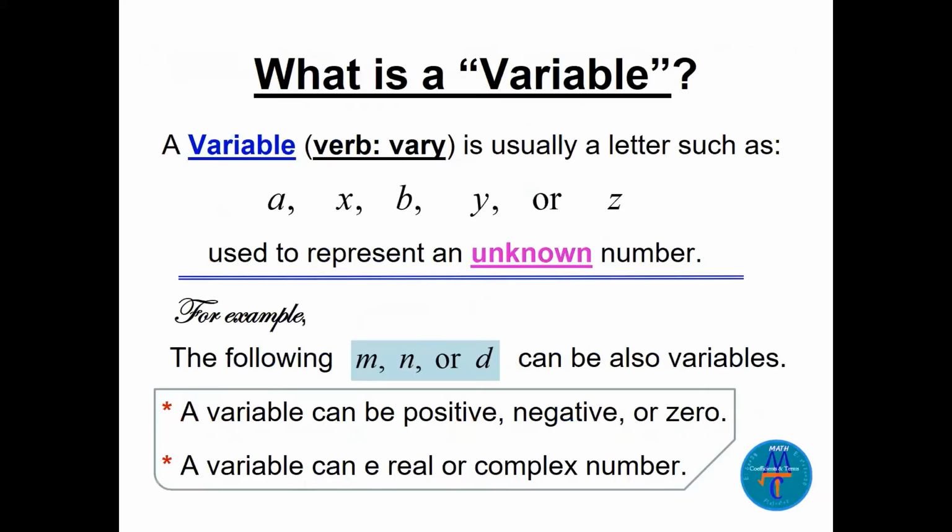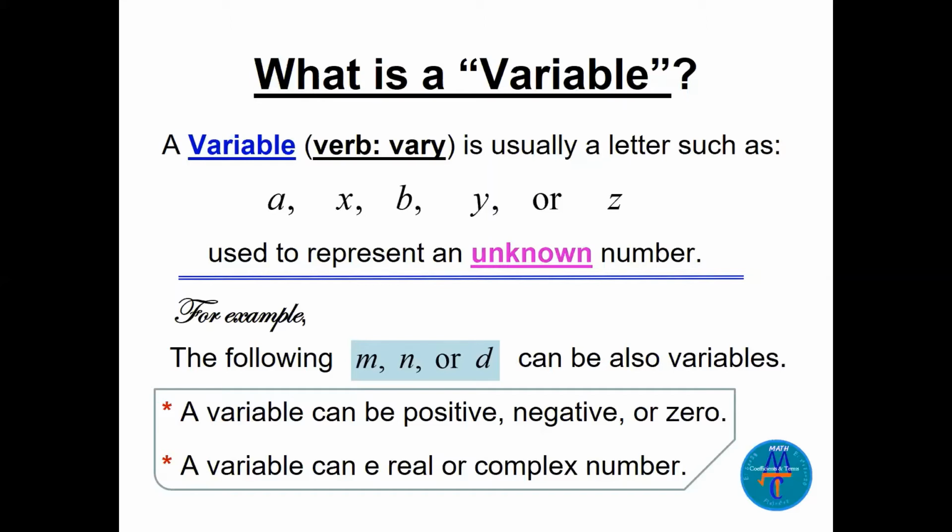Now let's start. What is a variable? Variable simply comes from vary, the verb is vary, something is changing. So this is usually a letter, like A, like X, like B, like Y, like T, like Z. So we can use this variable. We say 2 variables, 3 variables, system of equations in 2 variables.